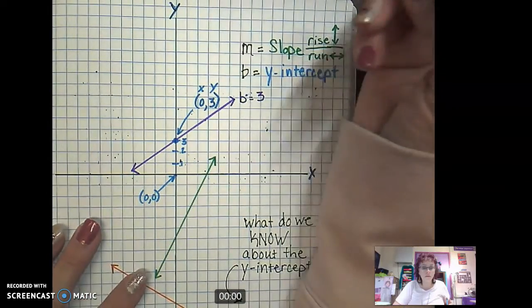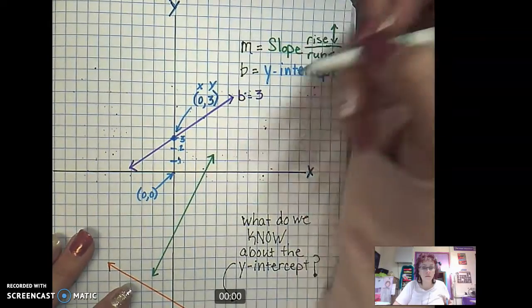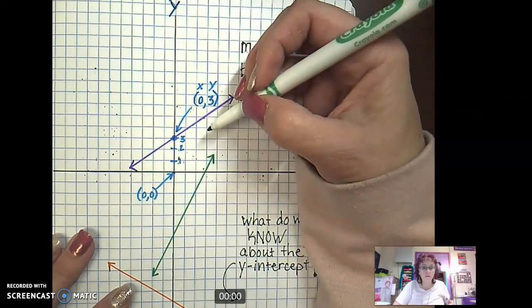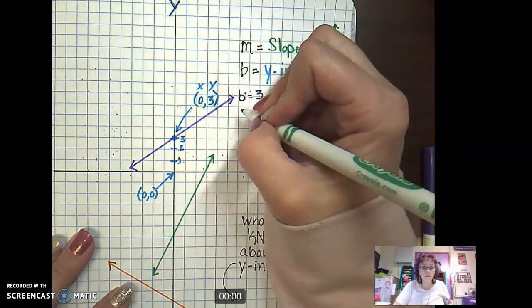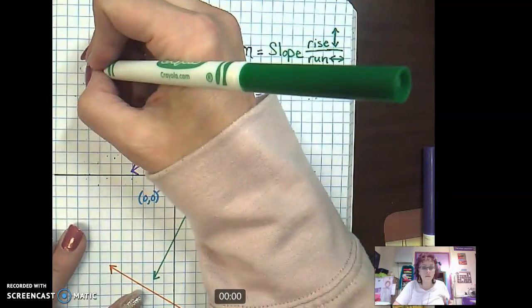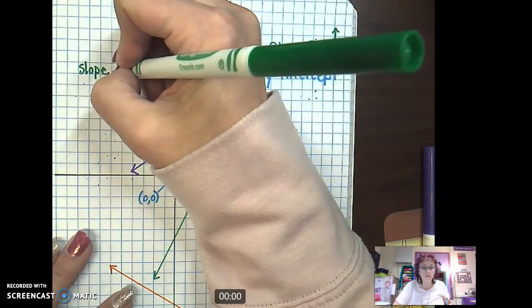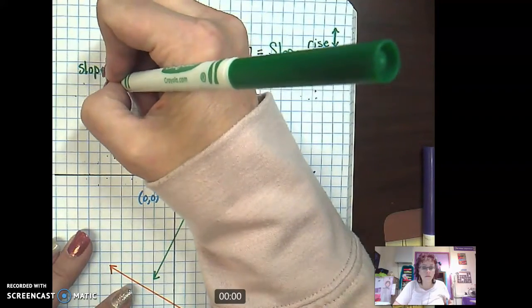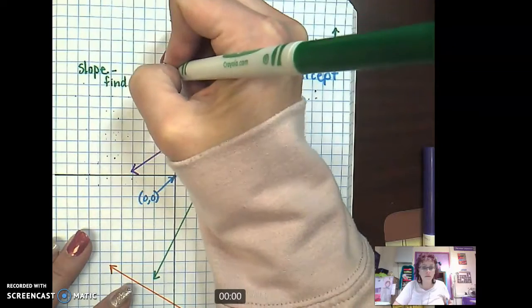So, we're going to look at the slope. I'm going to use a right triangle to identify the slope of this line. So, when you are doing that, find 2 perfect points.